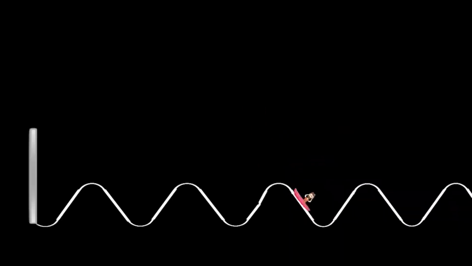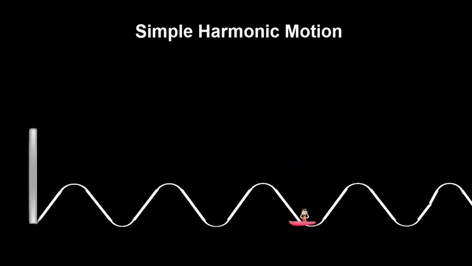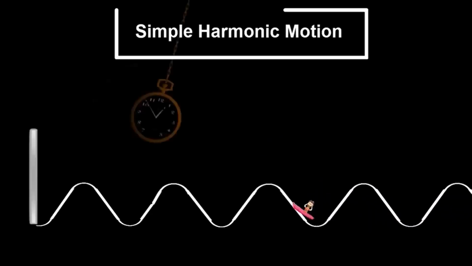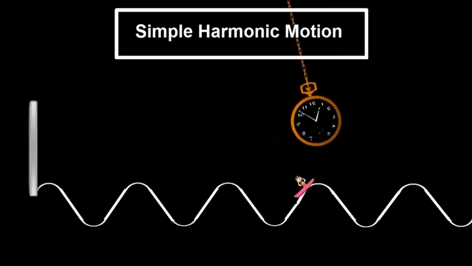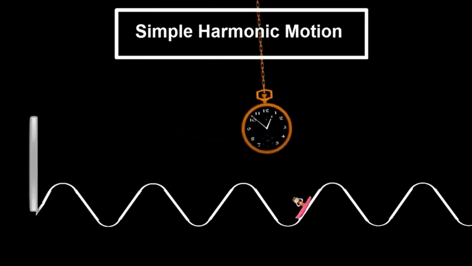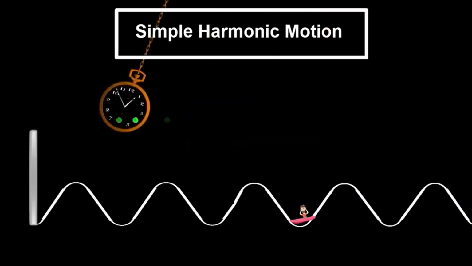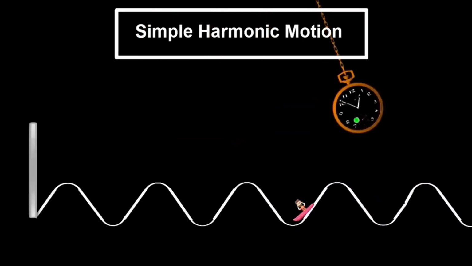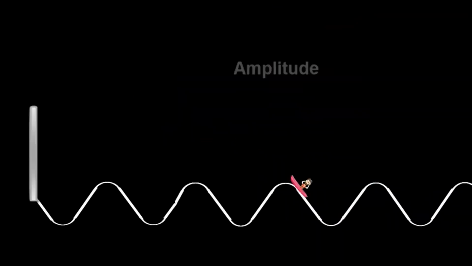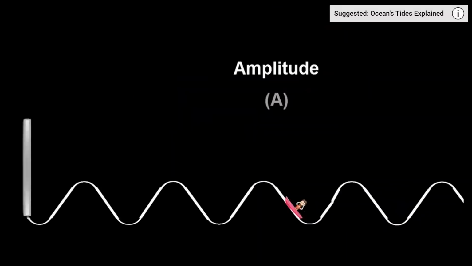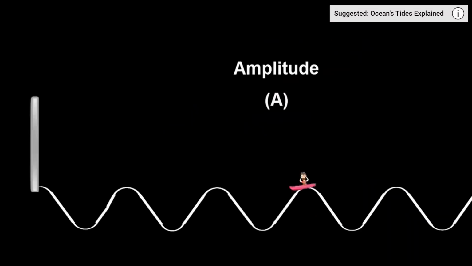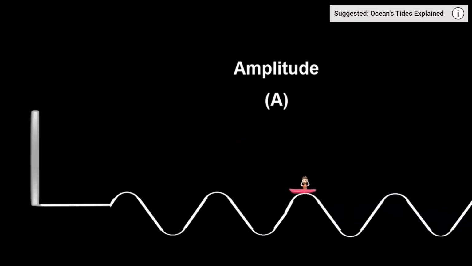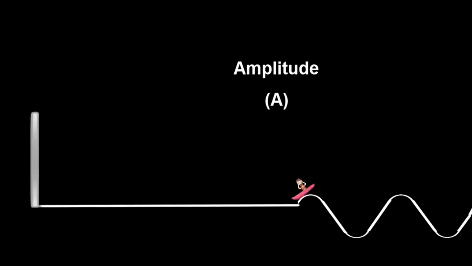This cyclic type of movement is called simple harmonic motion, and we'll cover that later. A pendulum is another example of simple harmonic motion, although it moves horizontally instead of vertically. The amplitude of a wave with symbol A is how high it moves up and down compared to a flat, calm surface.